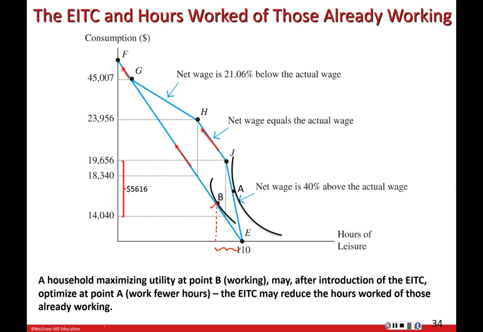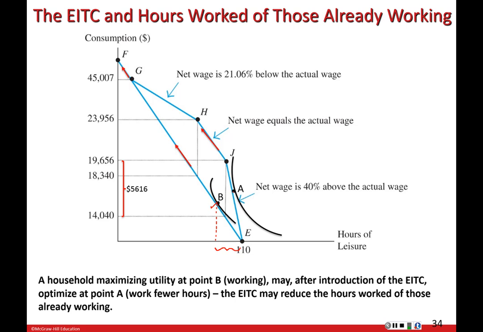And now the EITC program kicks in, and the effective wage goes up 40%, because the government's giving a tax credit of 40%. And so this may cause an income effect, correct? So you have a substitution effect and an income effect, but if the income effect dominates, you may end up with the worker moving to point A, right?